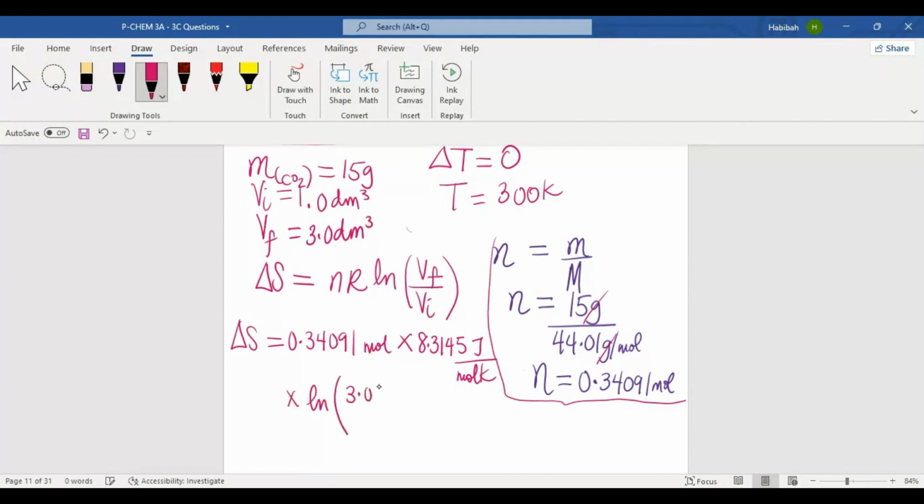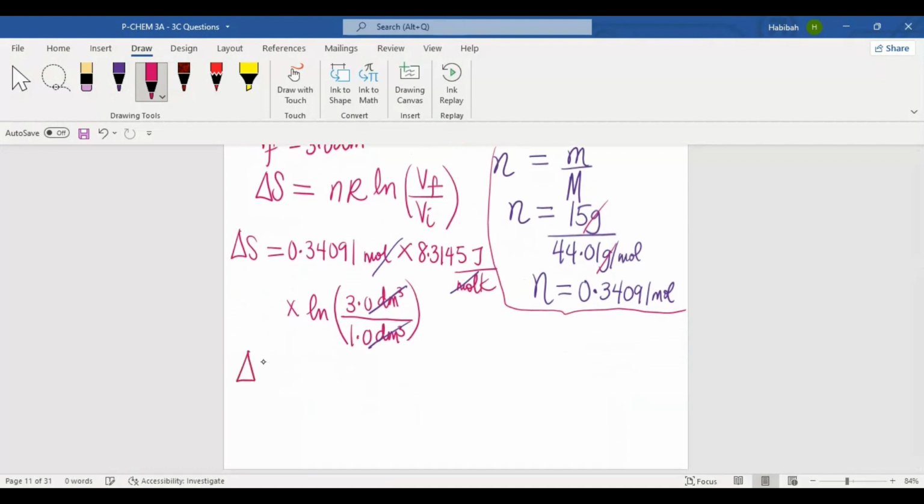So that is 3.0 dm cubed divided by 1.0 dm cubed. Of course, you cancel out dm cubed, 3 divided by 1 is 3, so it's ln 3. The moles cancel out as well.